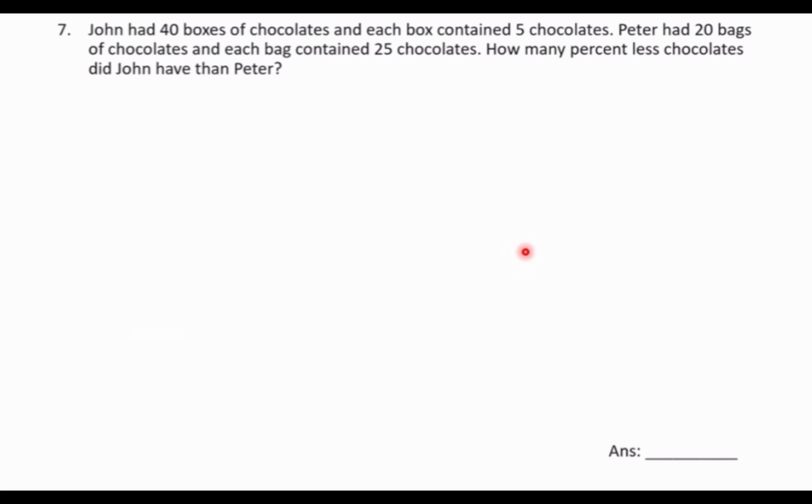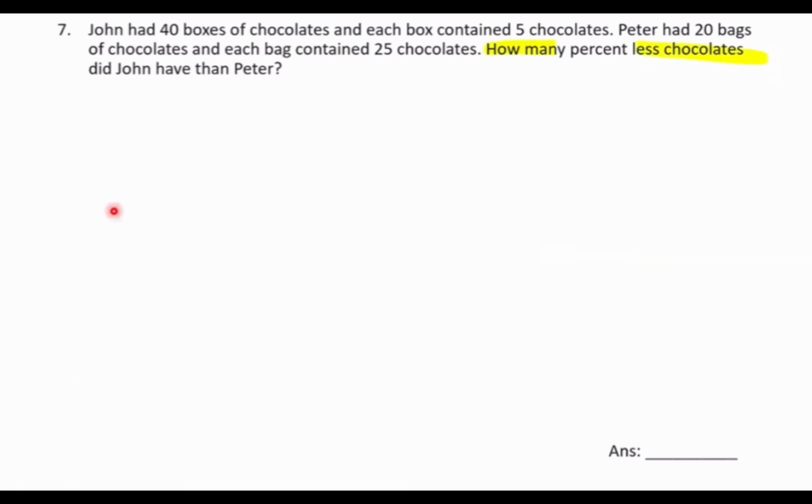John had 40 boxes of chocolates and each box contained 5 chocolates. Peter had 20 bags. Each bag contained 25. How many percent less chocolates did John have than Peter? Again, let's find how many less chocolates. You're going to find the difference first, before we find the percentage.